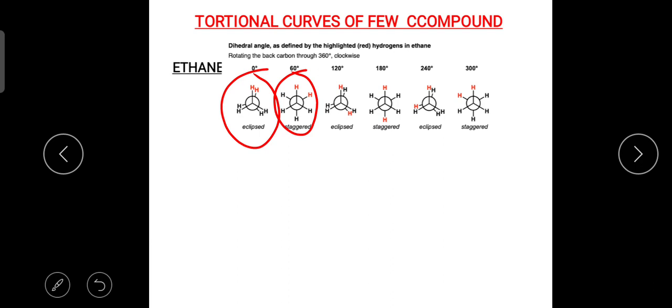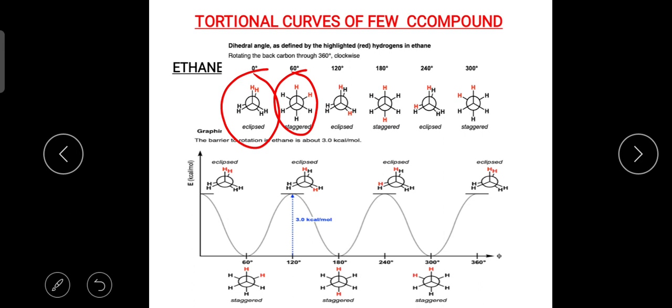So the energy of the eclipsed form is greater than that of the staggered form due to steric hindrance, and thus the staggered form is more stable than the eclipsed structure. We can explain this fact by taking this graph, the energy profile diagram of the ethane molecule. We can find that various rotations of the ethane molecule give different energy states.